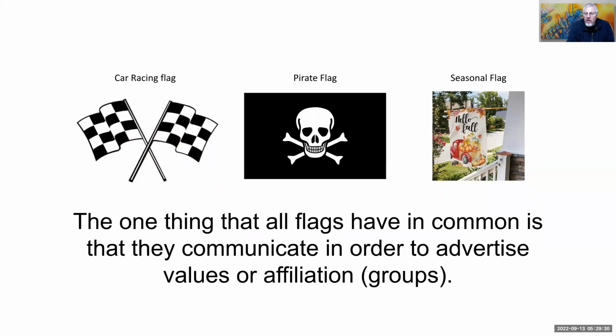One thing that all flags have in common is they communicate in order to advertise the values or affiliations, who's in the group, and what keeps them together. This is a racing flag that helps show you where the end of the race is. Pirate flags. And these seasonal flags that people put outside their houses tell us a little bit about the people who live inside and their values.